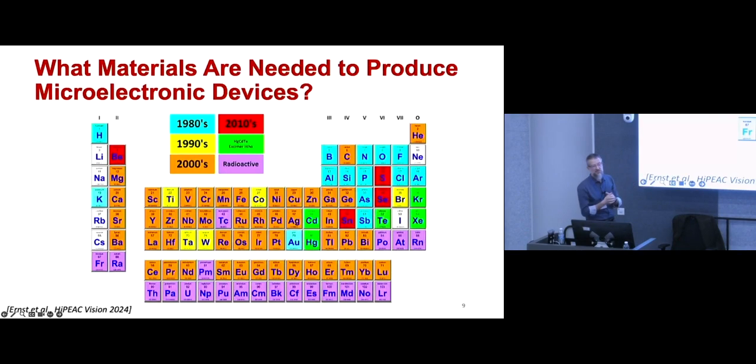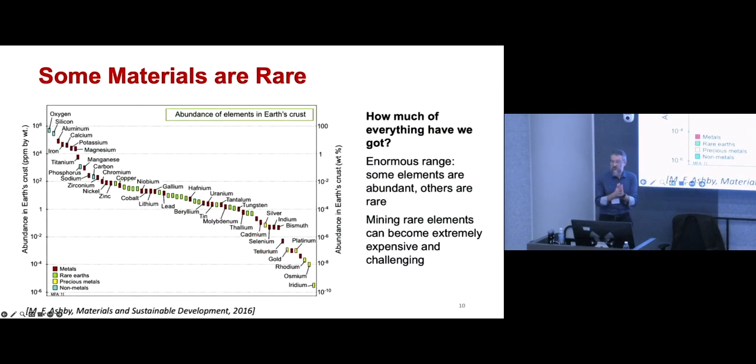So as you can see, this is Mendeleev's table, as you all know, and we need pretty much all elements to manufacture the integrated circuits that we are using on a daily basis. Now, the thing is, some of these materials are rare, and luckily, some materials are really abundant, like oxygen. So the y-axis is showing the availability in the Earth's crust on a logarithmic scale.